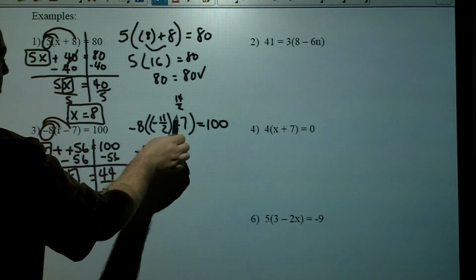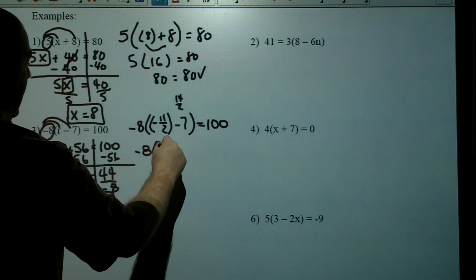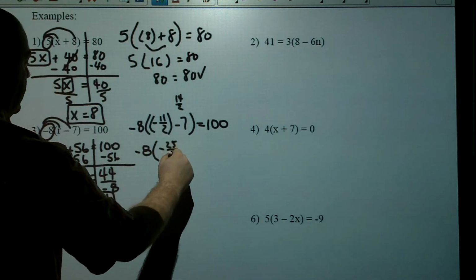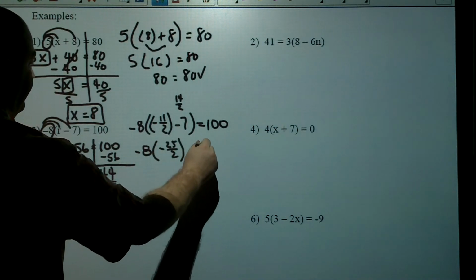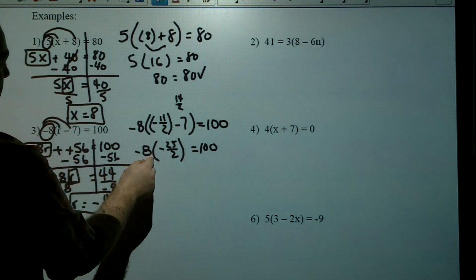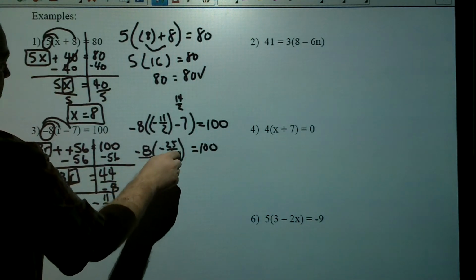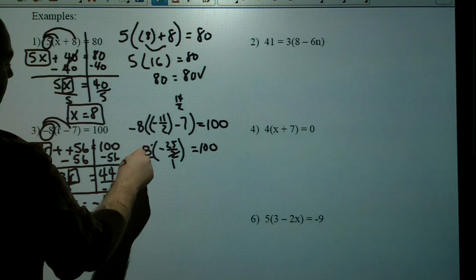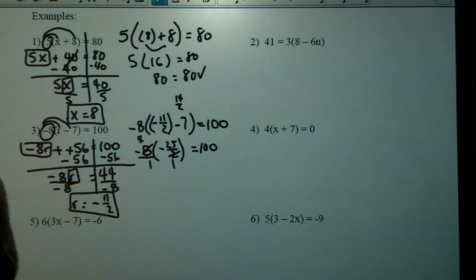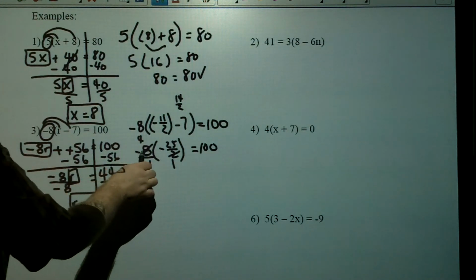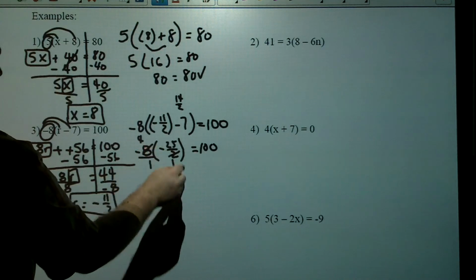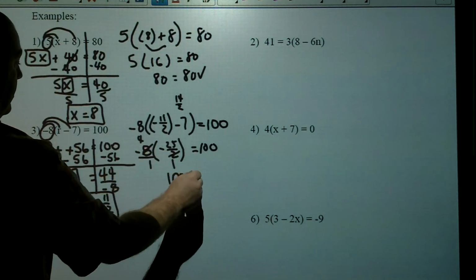So negative 11 minus 14 is negative 25 over 2. I put 8 over 1, and I can reduce these. So 2 is a 1, and 8 is a 4. I take a common factor of 2 out of there. Negative times a negative is a positive, and 4 times 25 is 100. So this checks also.